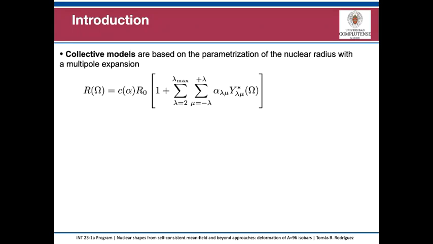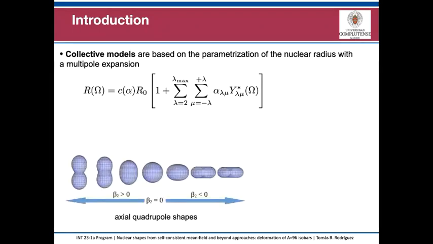Okay. So you can complicate these collective models as you want, but the key point here is that you consider the nucleus as a macroscopic object with a given radius. So no more protons or neutrons anymore.